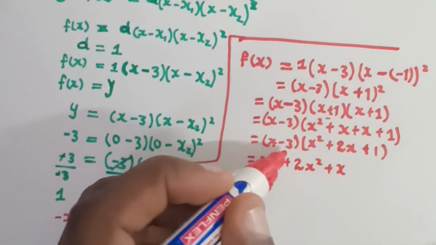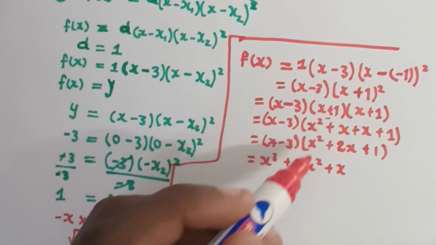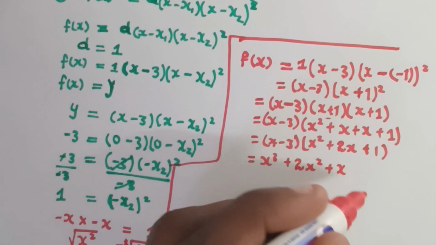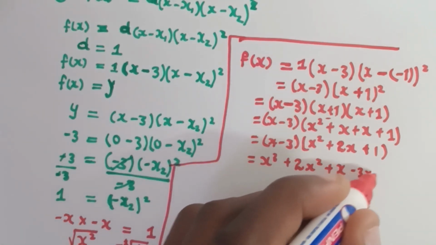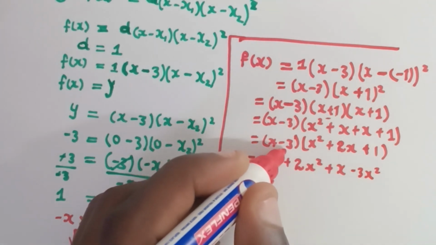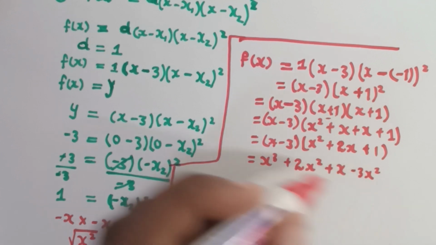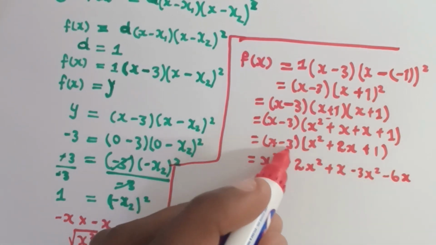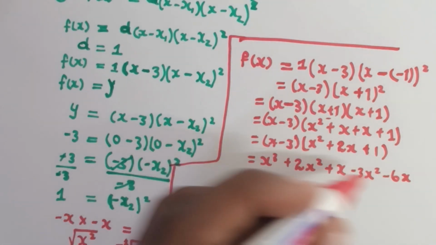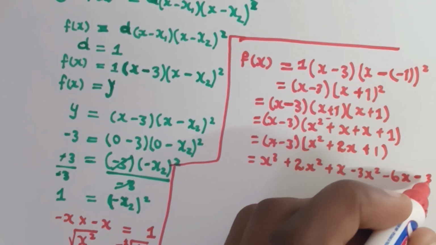Then we change to -3 times x squared, we get a -3x squared, and then -3 times +2x, we get a -6x, and then -3 times +1, and we'll get a -3 here.